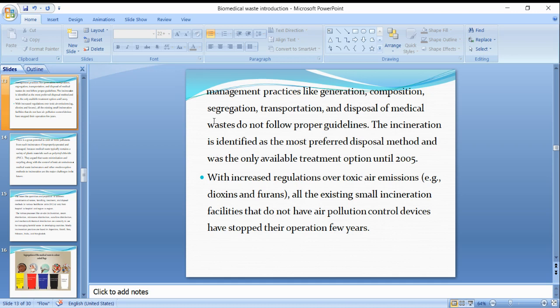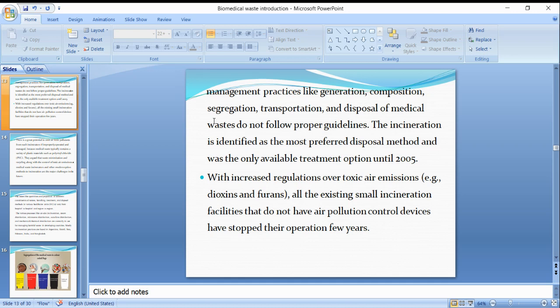Incineration is identified as the most preferred disposal method and was the only available treatment option till 2005. So till 2005, we used that waste for the incineration burning process.